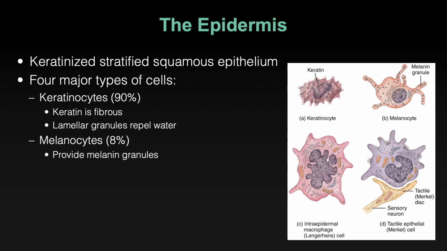The next most abundant cell, at a measly 8%, are melanocytes, which are responsible for producing melanin, which are the pigments of the skin. Melanin granules dictate your skin color. There are many different types of melanin granules, and these are really interesting.